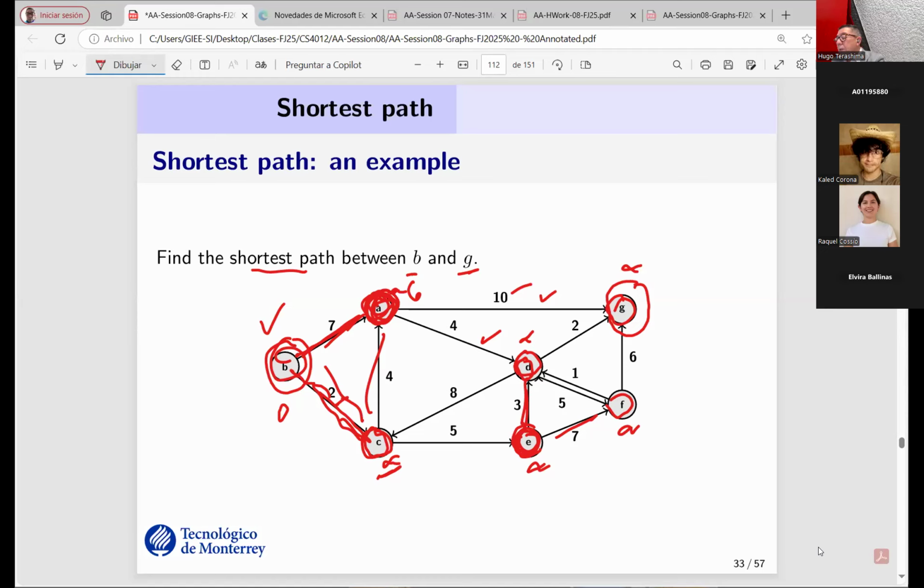But 2 plus 5 is 7, plus 3 is 10, and 6 plus 4 is 10. So it's the same, so you can keep it there, 10.